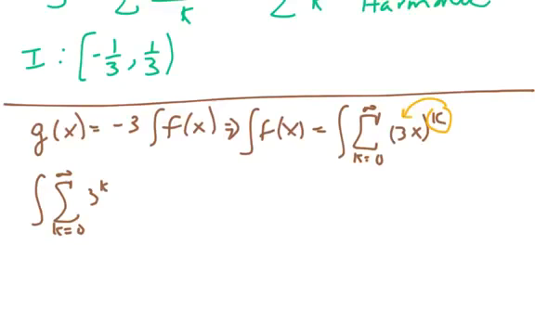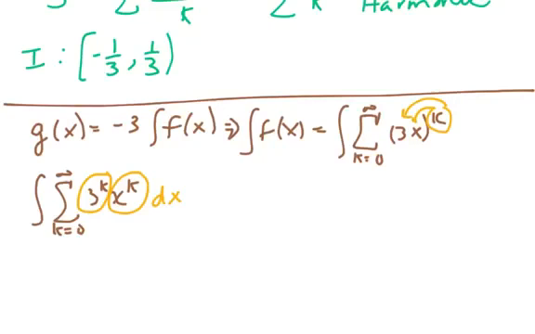The k gets applied to both of these factors. So this is 3 to the k, x to the k. And now recognize that 3 to the k is simply a constant. So when we integrate, we take that constant outside, right? And then what remains for us to integrate with respect to x is x to the k.